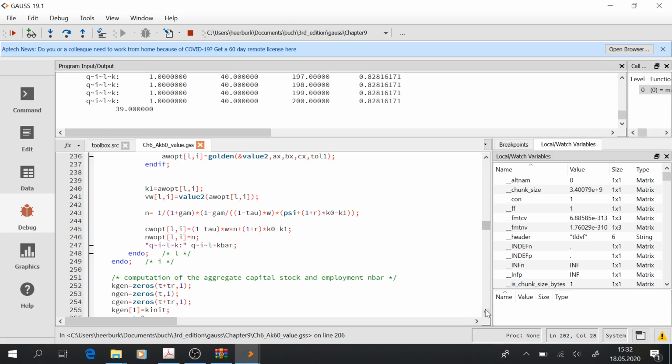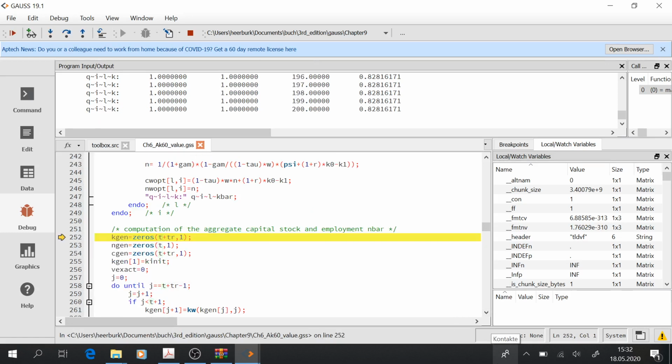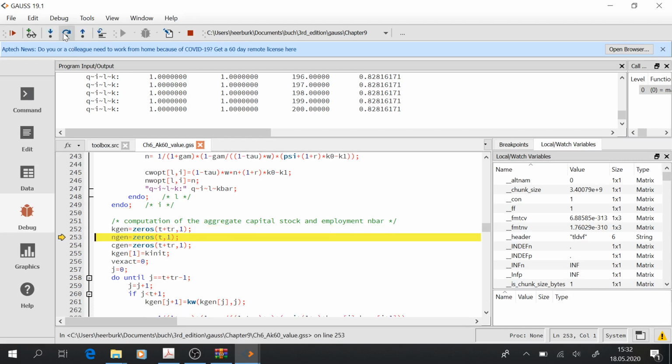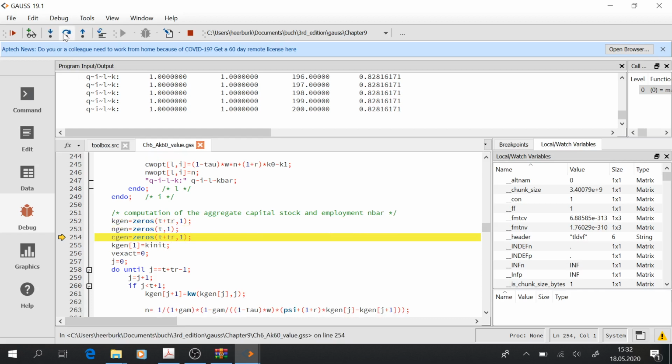Okay, and the rest then is straightforward. So let's run to the cursor, which takes a couple of seconds here. We have computed the optimal policy function and the value function for the retired agents and the workers up to age 1. And now we want to compute the wealth-age, labor supply-age, and consumption-age profile.